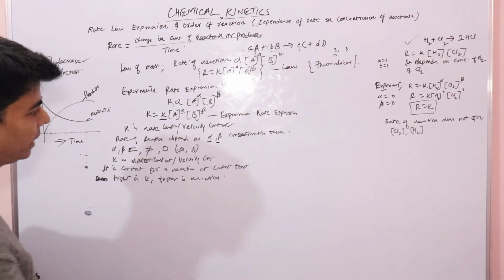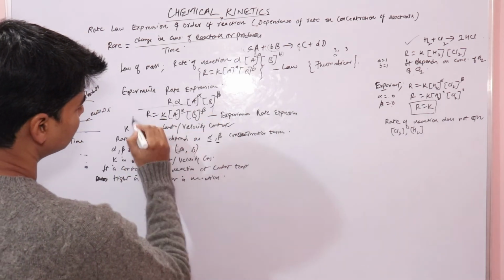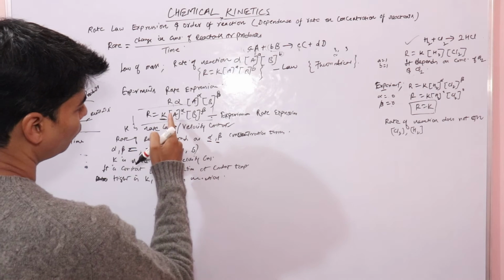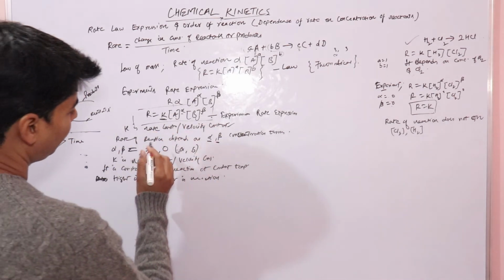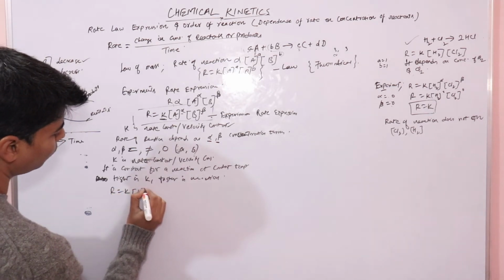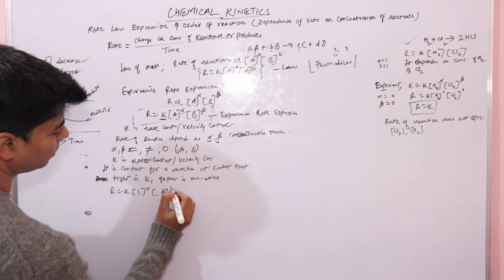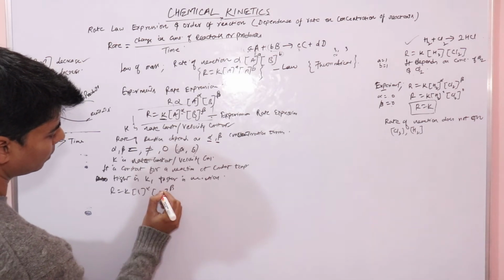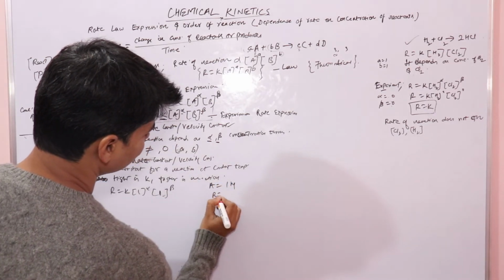Now let's try to define it. In this expression, if I take 1 mole of A and 1 mole of B, then R would be equal to K [A]^alpha [B]^beta. It's 1. Here A is equal to 1 molar, B is equal to 1 molar.